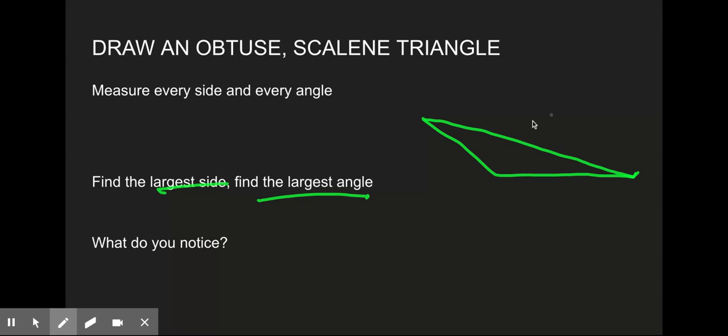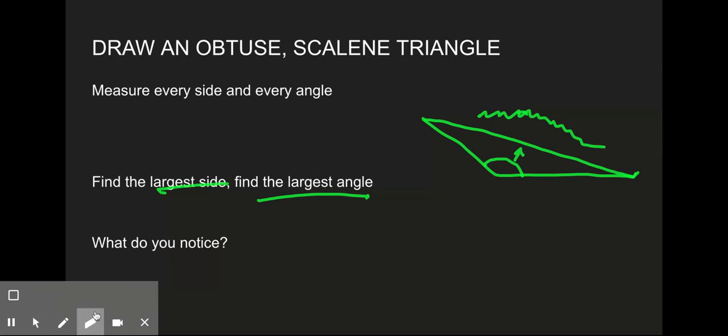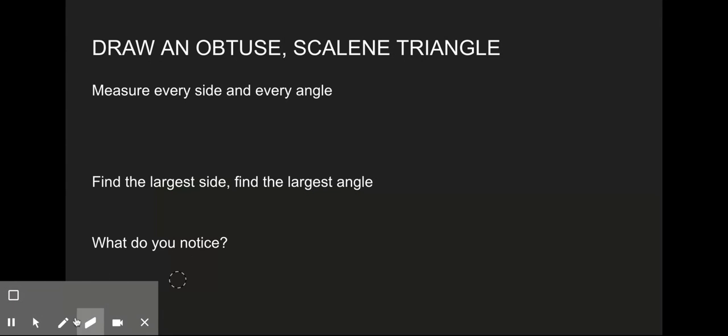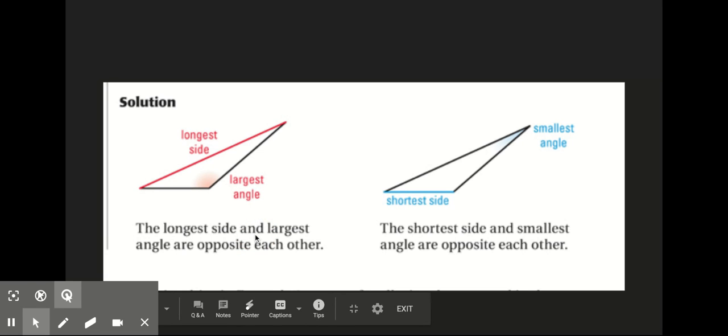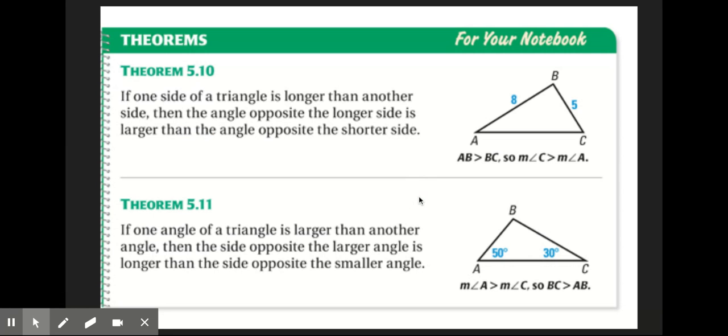And what you'll find is that this is the largest side, and this is the largest angle. And what we'd all notice is everyone would wind up in the same position, which is they're across from each other. So we can extend this to saying that the smallest angle should be associated with the shortest side.